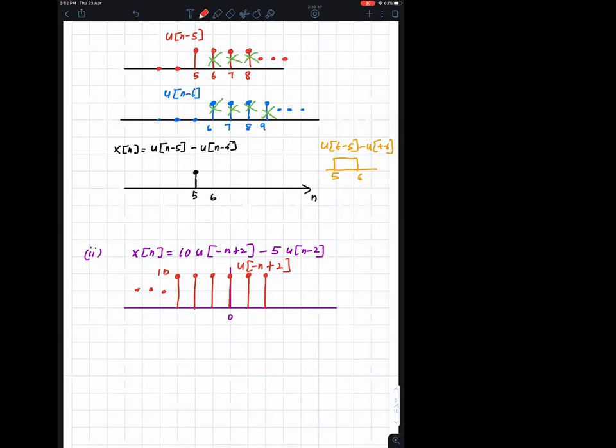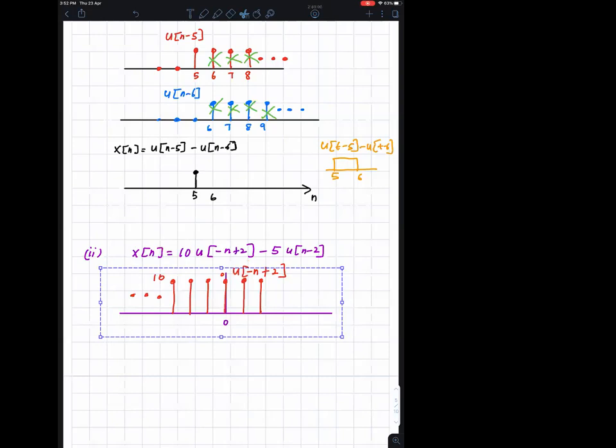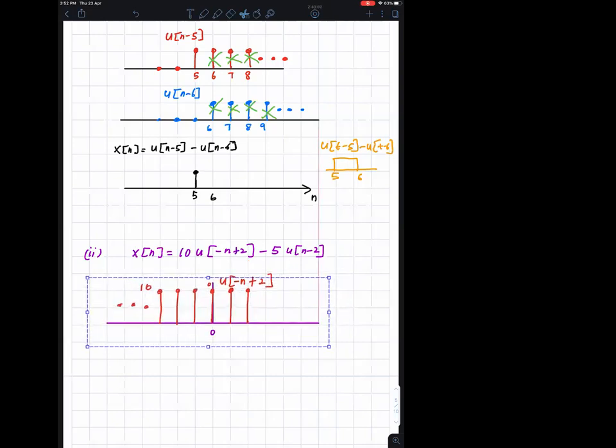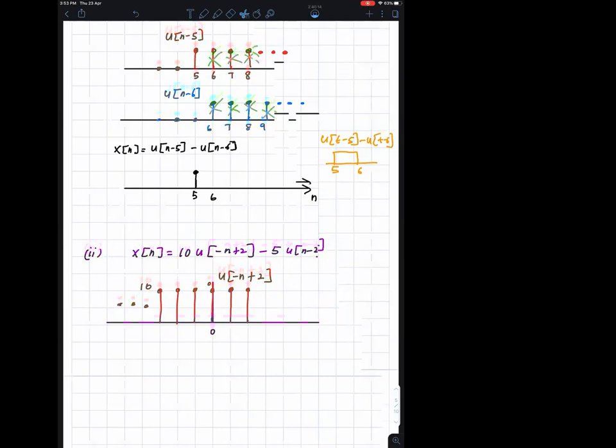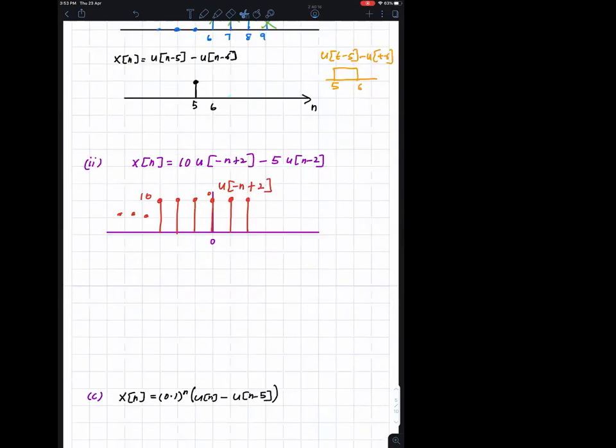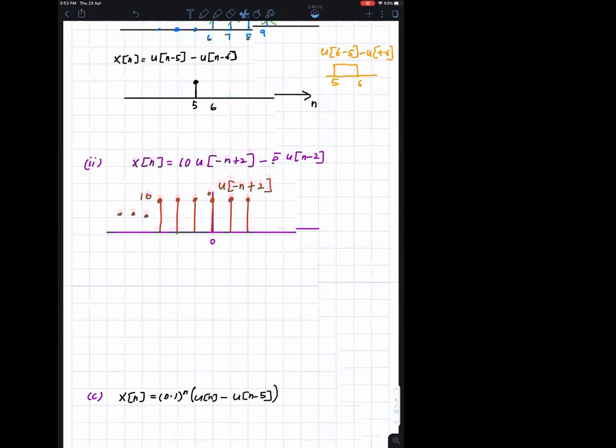All of them are amplitude 10. So just putting a 10 in one place is sufficient to show the amplitude. So next one, -5 and -2.